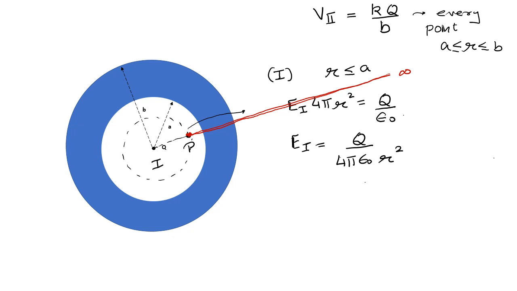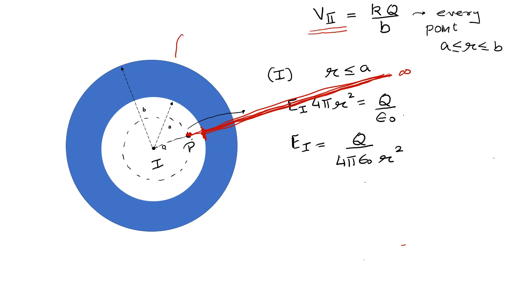Why? Because when we calculated the potential in region 2, we already know how much things have changed up to this point. Right at this place, we have already calculated that value.